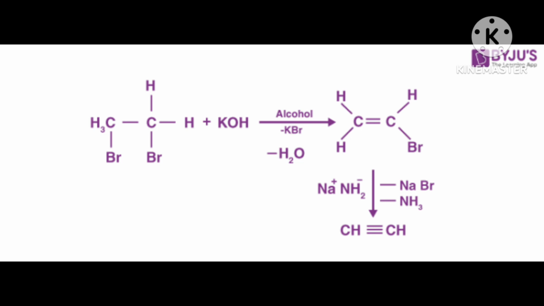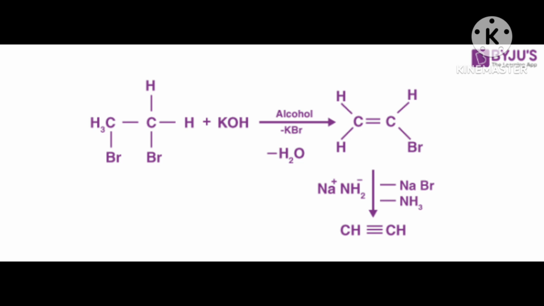One molecule of hydrogen halide HX is eliminated to form alkenyl halide, which on treatment with sodamide, NaNH2, gives alkyne.